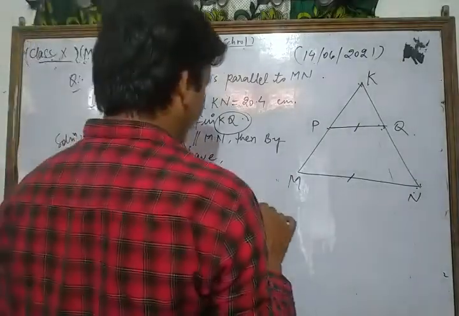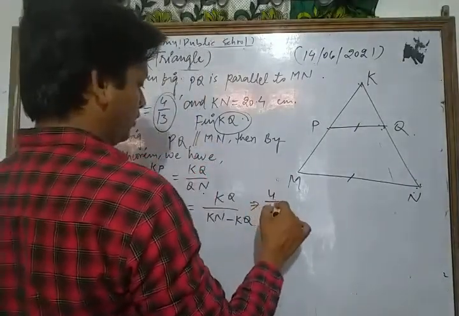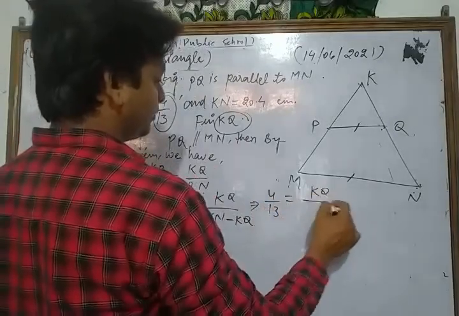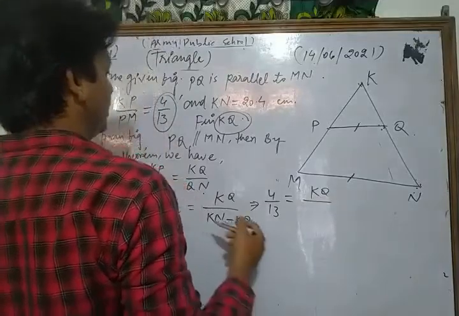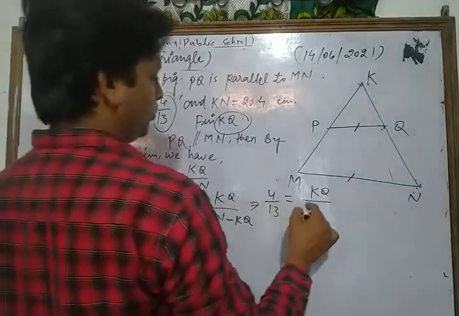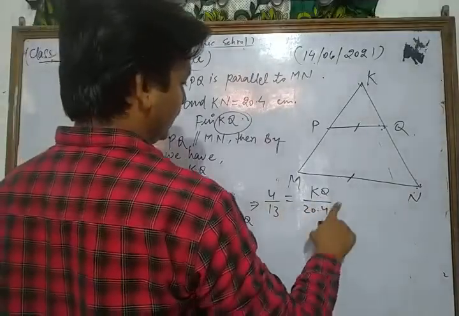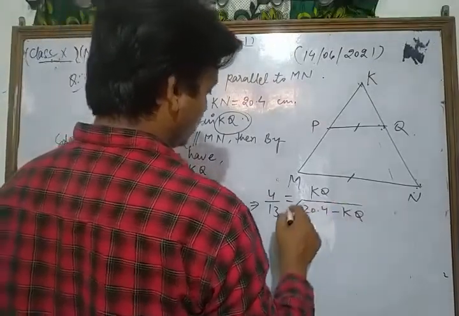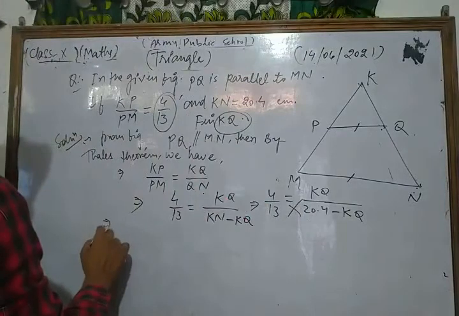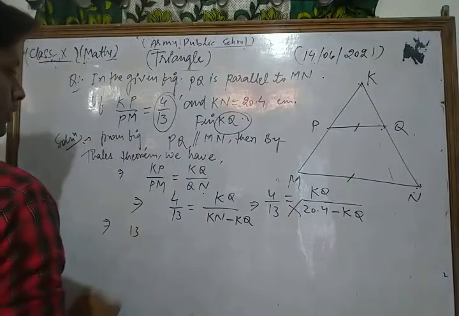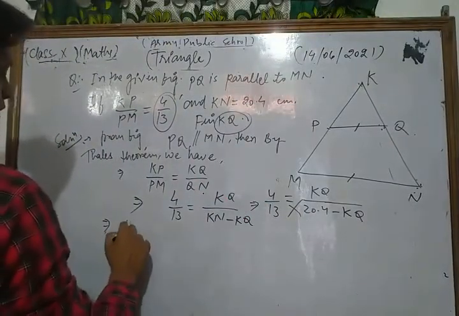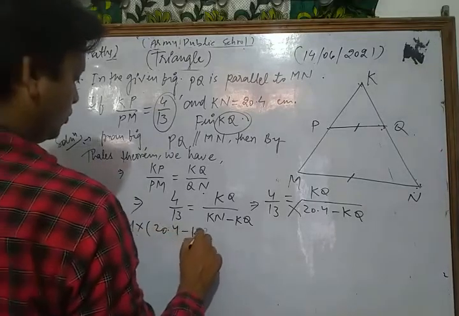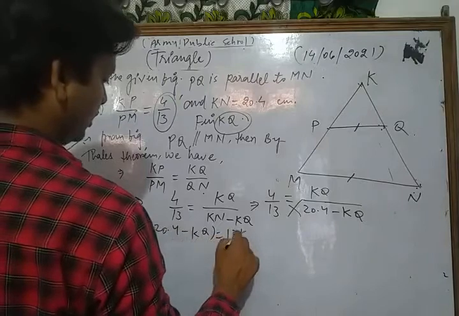Now we put the value of KN, so we have 4 upon 13 equal to KQ upon 20.4 minus KQ. Now we do the cross multiplication, so we get 4 into 20.4 minus 4 KQ is equal to 13 KQ.